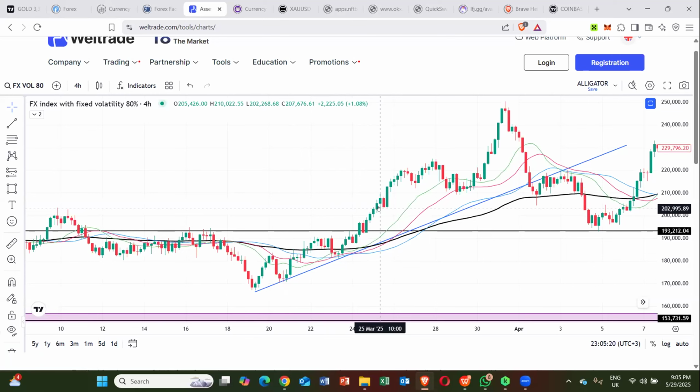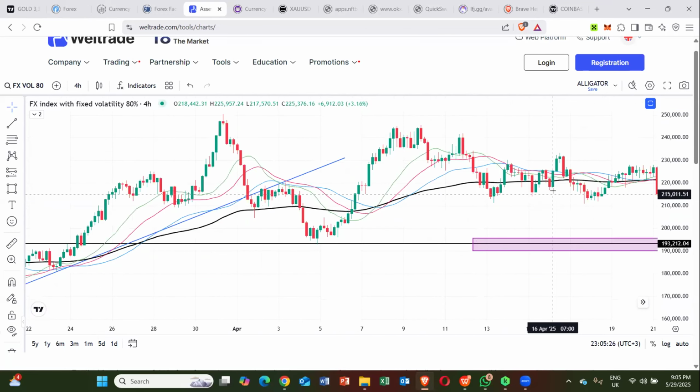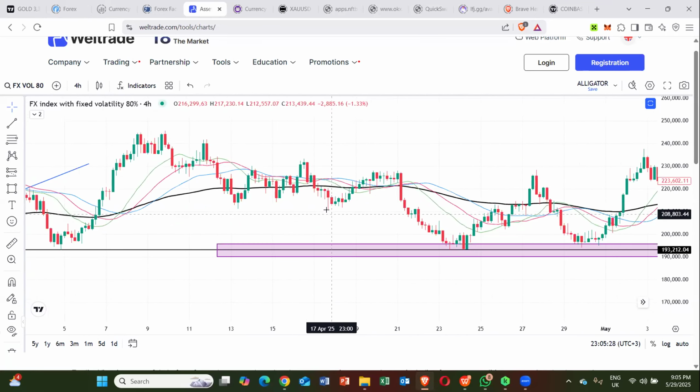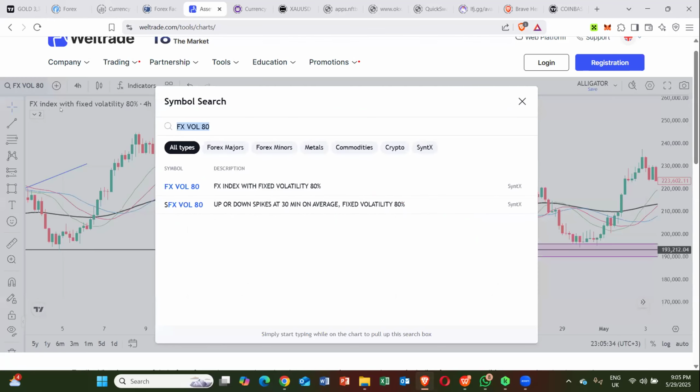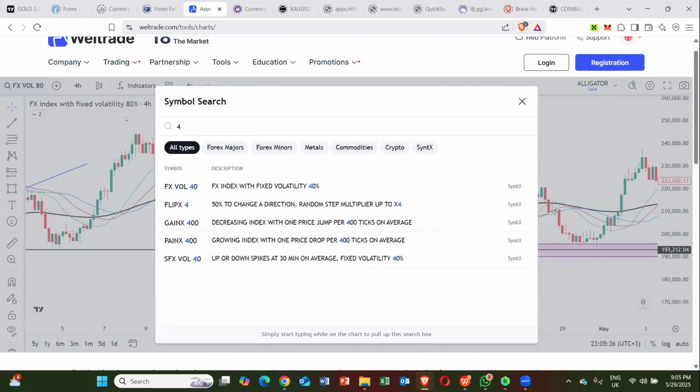You want to make it at least more, you can bring it down to this level just like that, okay? So that is how to draw a trend line. Now let me go to another asset for this trend line stuff. Let me go to that 40 again.